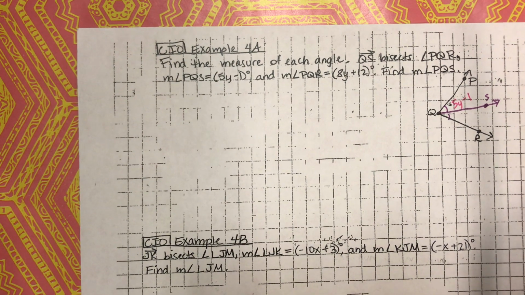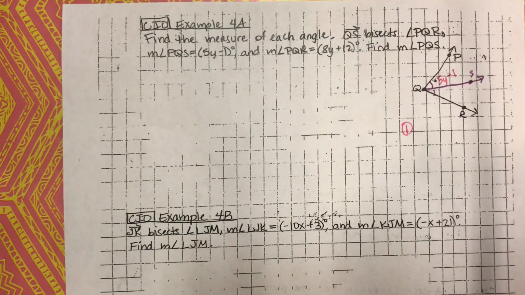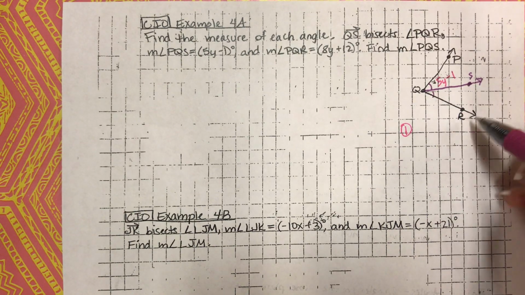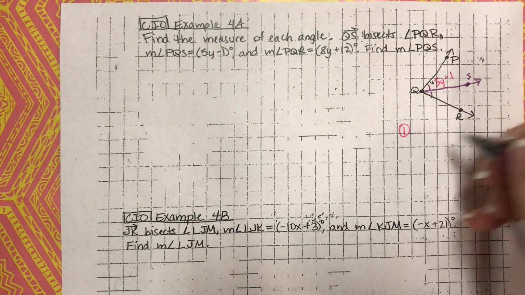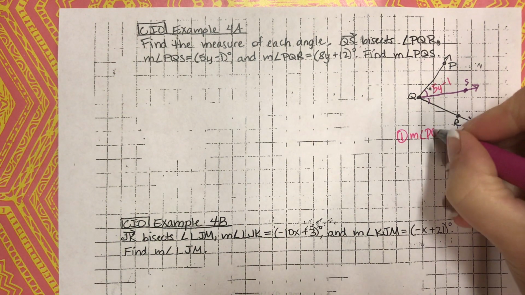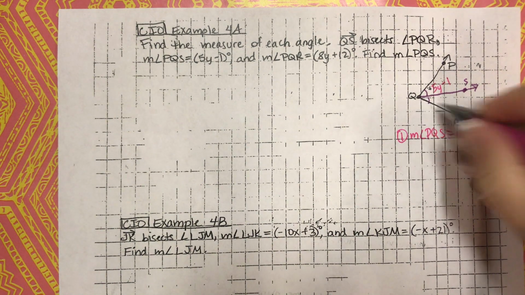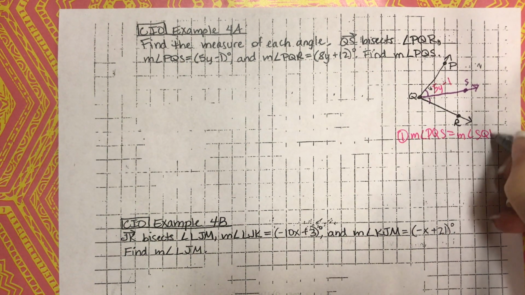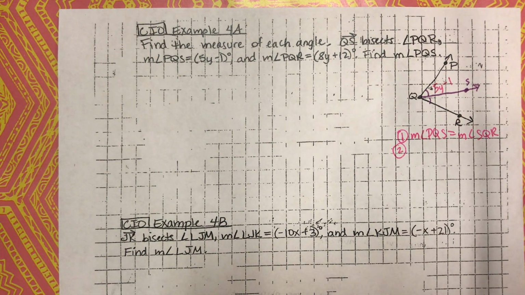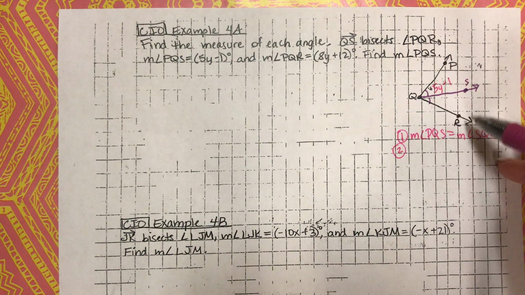So let's see here. The first equation is just to say this piece and this piece equal each other, right? So we would say the measure of angle PQS is equal to the measure of angle SQR, like that, okay? The second one would say PQS is half of the whole.